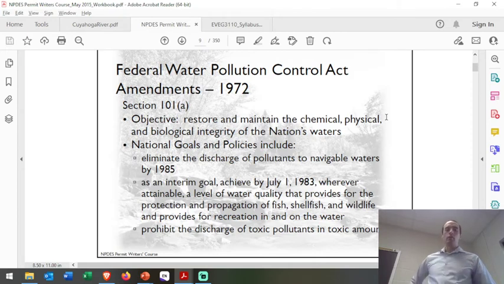And then they had an interim goal to achieve by July 1st, 1983, wherever possible or wherever attainable, a level of water quality that provides for the protection and propagation of fish, shellfish, and wildlife, and provides for recreation in and on the water. So that's essentially the intended use, right? That's the clause that really gets to it.